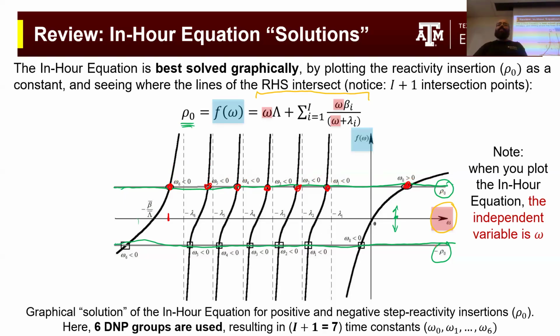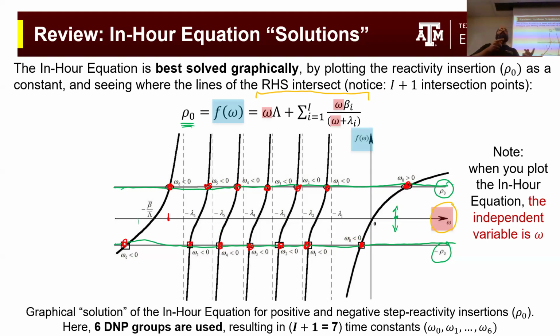If my reactivity insertion is negative, then these first 6 time constants are still always negative. These guys are all negative time constants. But also, if my reactivity insertion is negative, then my omega 0 time constant is going to be negative as well.